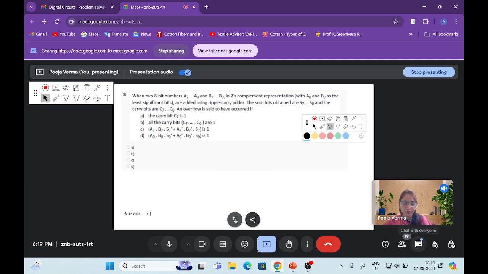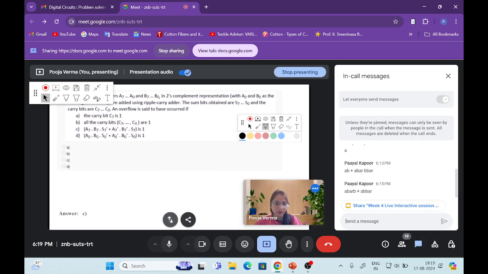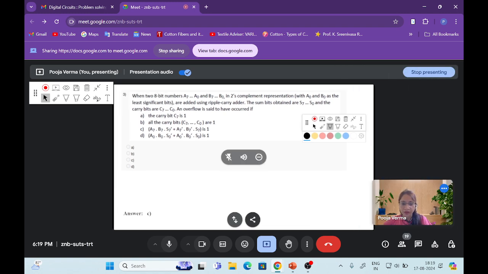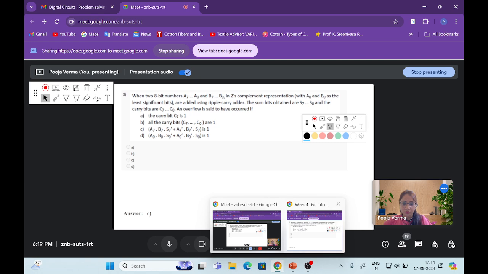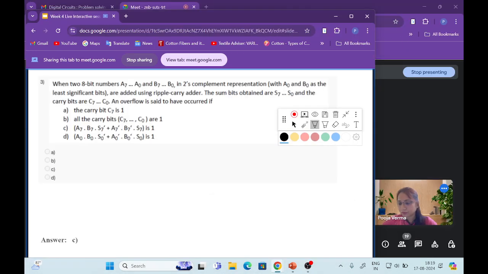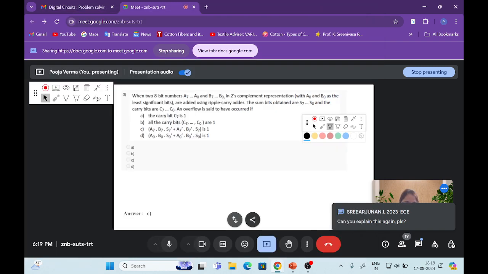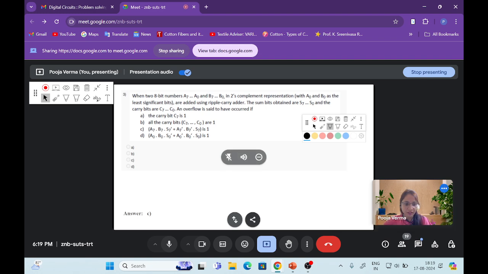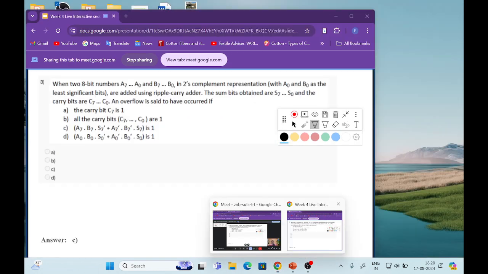So already you have studied this. It is an 8-bit addition. This is the question which I was reading, and now I am going to explain it.